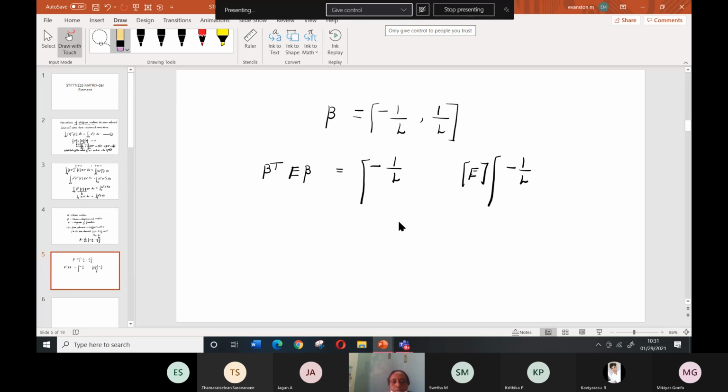When you are transposing, you take minus 1 by L and 1 by L, then E, then 1 by L into minus 1 by L.